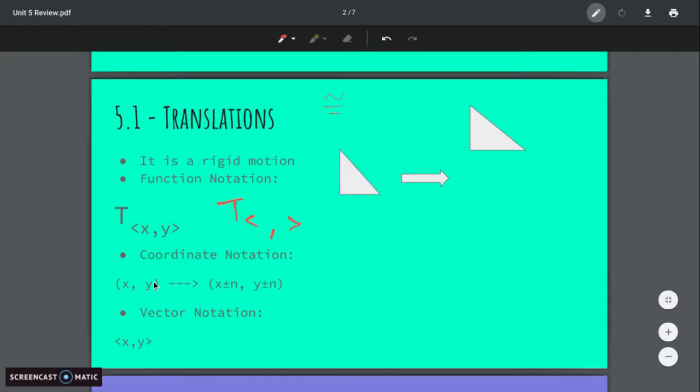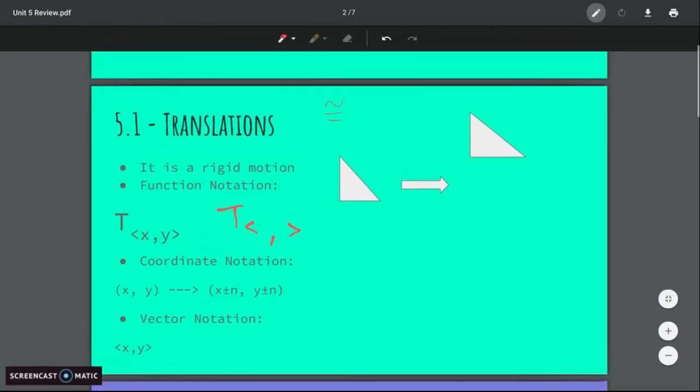X and Y will be your point, and then N this time will be what you're changing it by. Vector notation is just the function notation without the T. That's all it is.